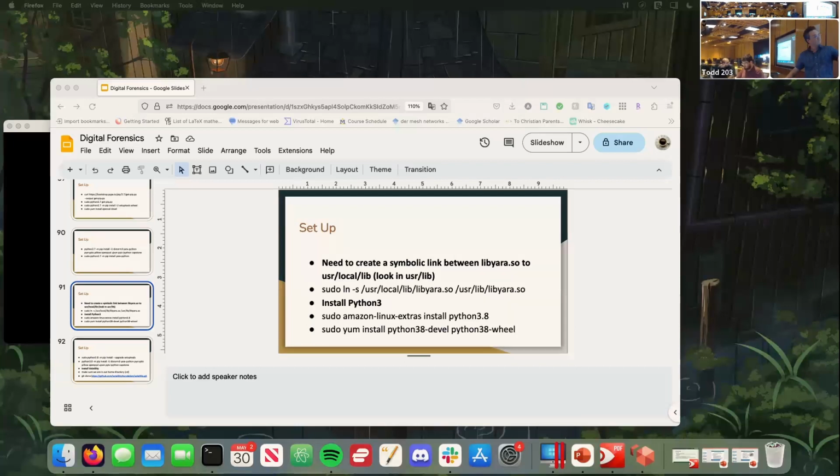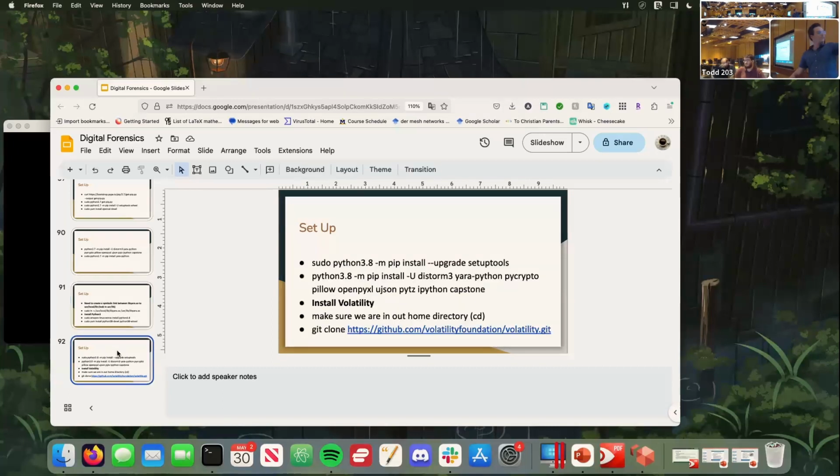Is 92 step 9? So we're talking about step 10 of the document. So 92, we're installing Python 3. We are still going to install all of these. We're not doing this. Start deleting things in the slides.